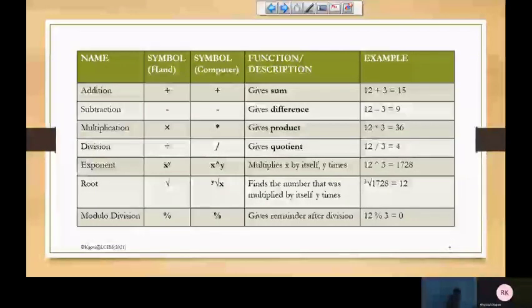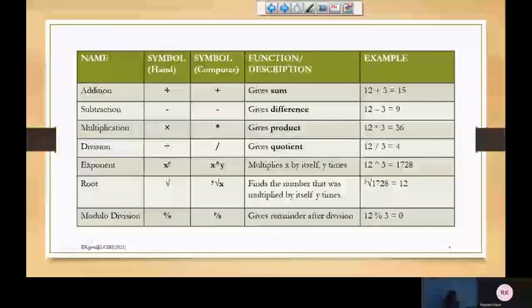And then finally we have modulo division there, where we are saying that for modulo division, the answer of a modulo is basically the remainder after dividing. The remainder after dividing. In the example given there, we see that 12 modulo 3 is equal to 0.